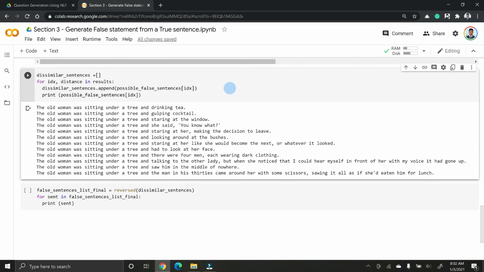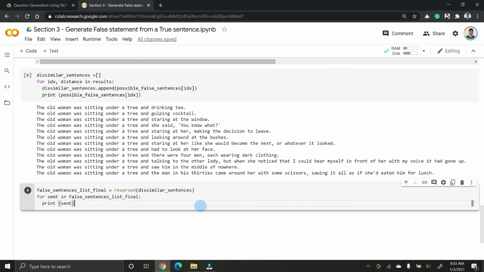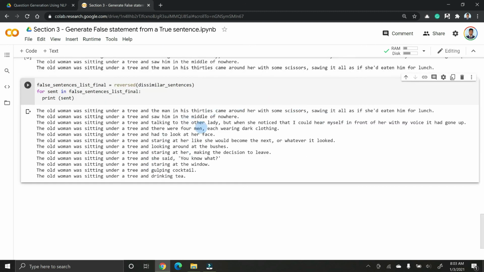Now our goal is, if you want to find false sentences, we actually need to invert this list. We want to keep the most dissimilar sentence at the top, then we can use that sentence as a falsified sentence to our original sentence. So here I am just reversing the list, and you can see that I have reversed the list here.